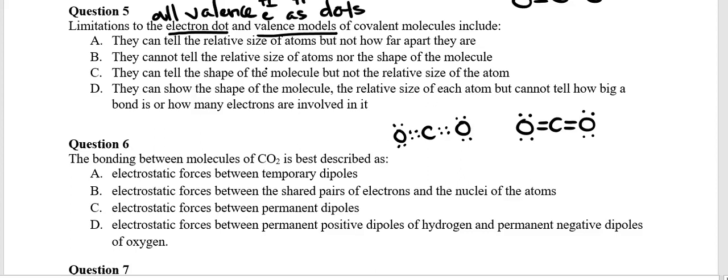However, it is not necessary for the electron dot or valence model to show the shape of the molecules. If I draw CH4, for example, using the electron dot model, I can draw it like this, which doesn't show tetrahedral as the shape of this molecule. So one of the limitations is that it doesn't tell you what the shape is.